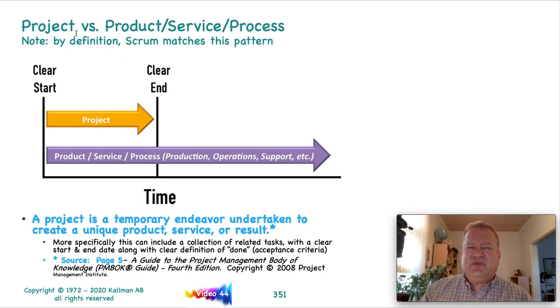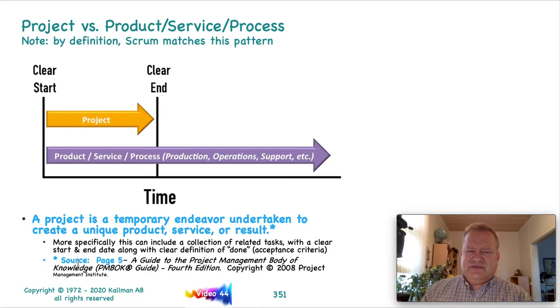The difference between a project and a product, service, result, or process is that a project has a clear start and end date. Technically, every sprint is a project because it has a clear start and clear end, whether it's 1 week, 2 weeks, 3 weeks, or 4 weeks, and it has a defined set of work. A project is a temporary endeavor undertaken to create a unique product, service, or result.